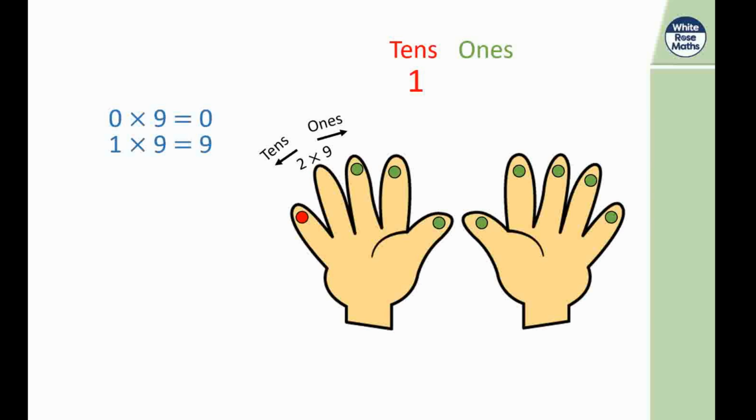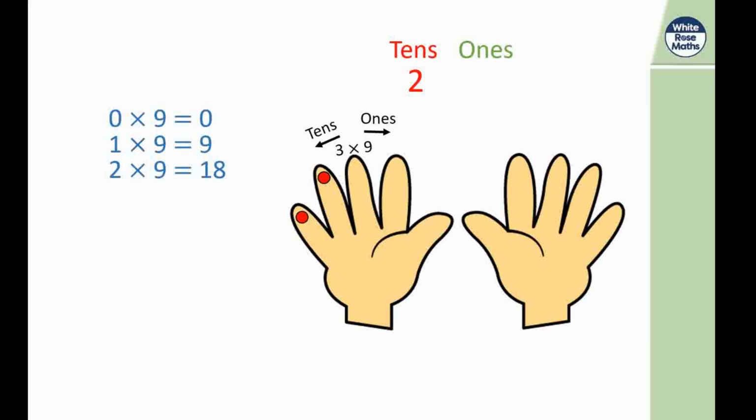And how many ones? 8. So what's the number that we get? 18. Okay, this is exactly what I just showed you. 3 times 9. So the tens are this way. 2 tens. And how many ones? 27. So there's 7 ones. Okay, next one. 4 times 9.